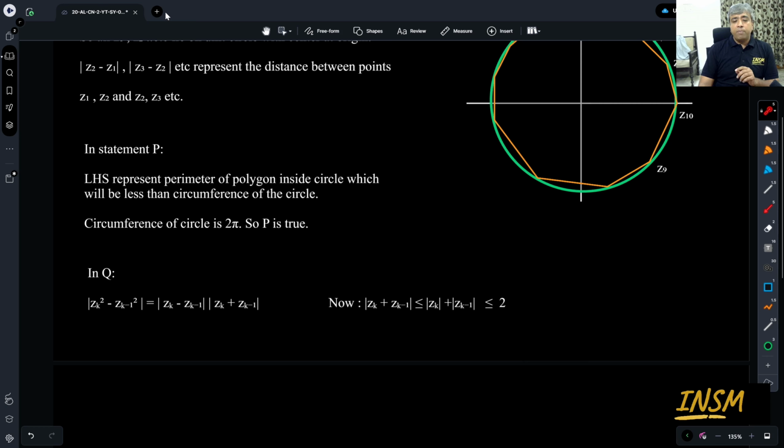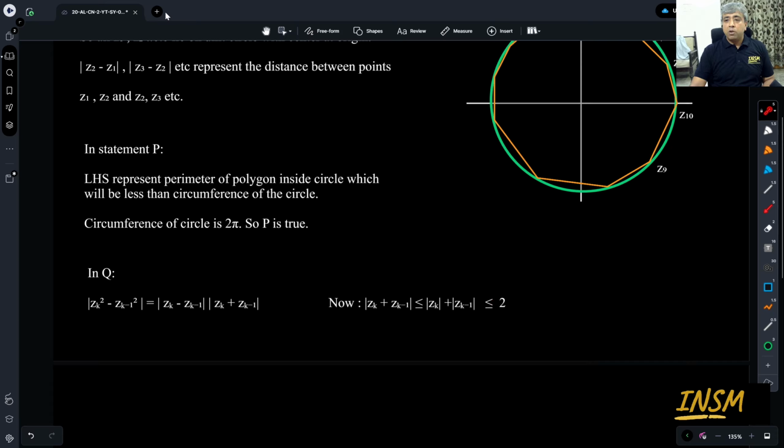Now we know from the law of mod in complex numbers that mod of zk plus z(k minus 1) would be less than or equal to mod of zk plus mod of z(k minus 1), and mod of zk and mod of z(k minus 1) are 1 each. So this will be less than or equal to 2.